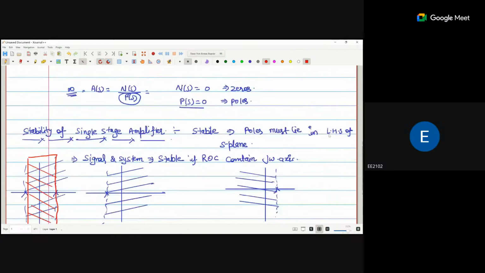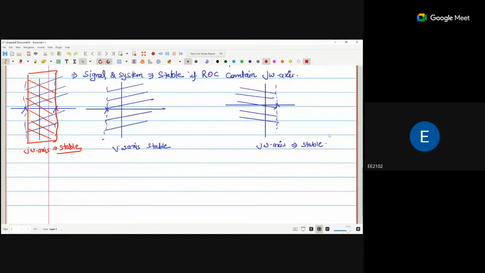But when we are talking about the electronics part, in the case we just discussed, u of minus t is a left-sided signal, present at t equal to minus 1, minus 2, minus 3, and so on.